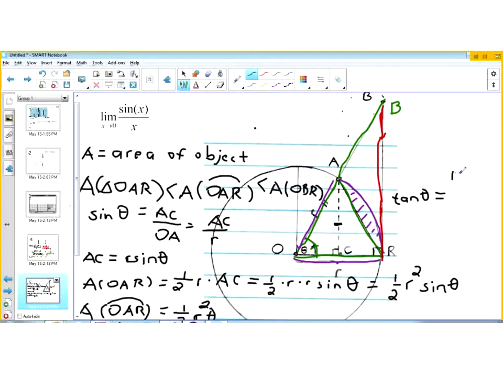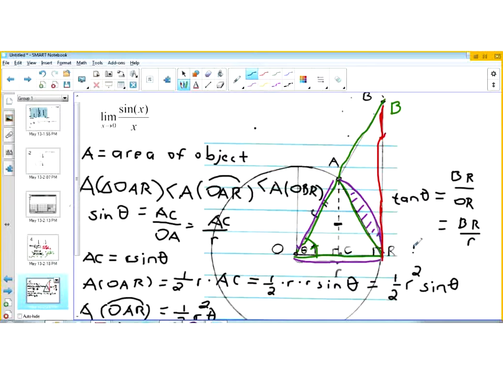So that would be BR divided by OR. Can you see that? Opposite over adjacent for theta. And then of course we know that OR is simply the radius of the circle. So that would be BR over R, and we know that BR is the height of triangle OBR.